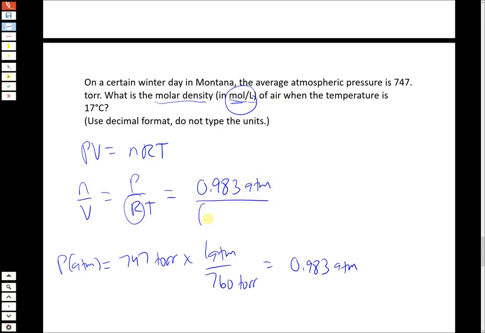And then RT in the denominator. R is the universal gas constant, and that's why we had to have pressure in atmospheres, so those units work out. And then temperature has to be in Kelvin. 17 Celsius plus 273 is 290 Kelvin. So that's all it's going to be, just those 3 numbers there.